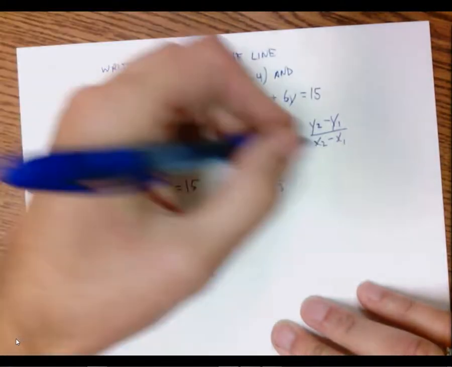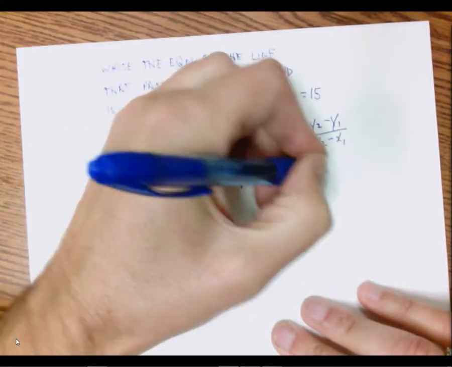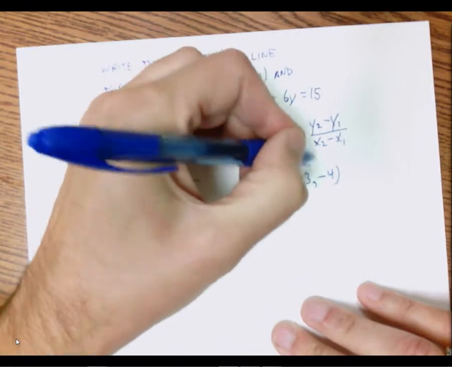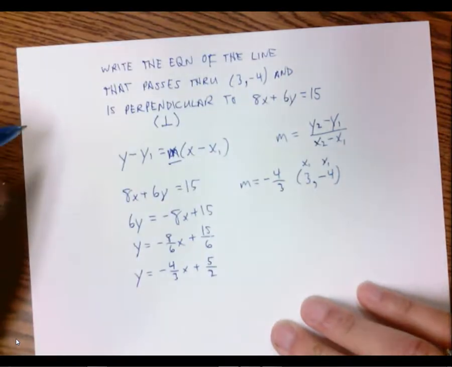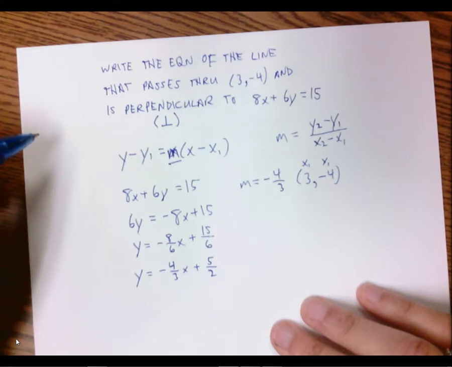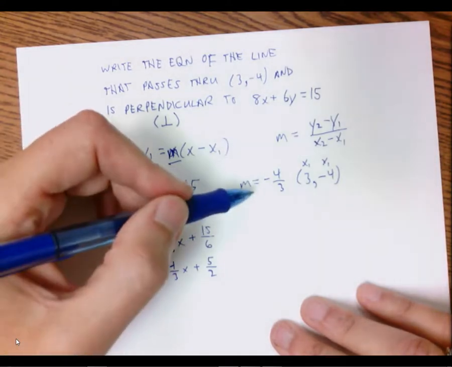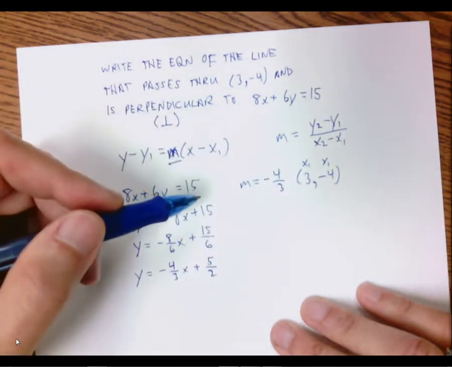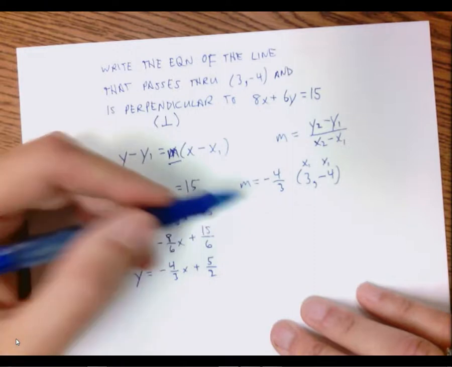And we have this point x1, y1: 3, negative 4. I will tell you this, for those of you who think you're saving yourself time by not labeling everything or not writing everything out, unfortunately sometimes shortcuts lead to the completely wrong answer. So take your time, write it out, and reflect upon what you're writing and why you're writing it.